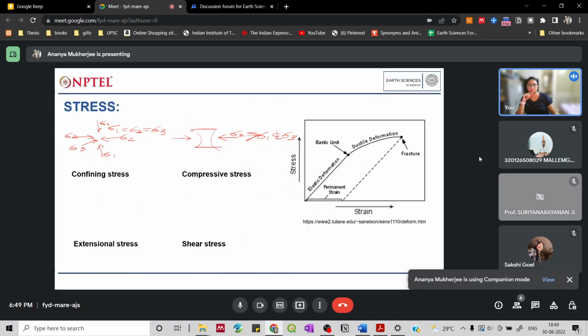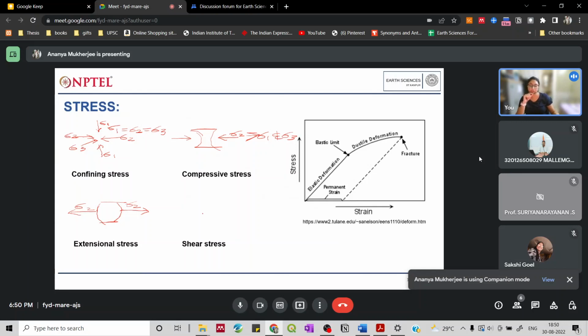So this is your compressive strength. Then when we talk about extension, suppose we are just talking in terms of sigma 2 right now. The sigma 2 is again greater than sigma 1, but it is in tension, they are pulling away from each other. So suppose this is a rock block, you will have extension along the sigma 2 direction.